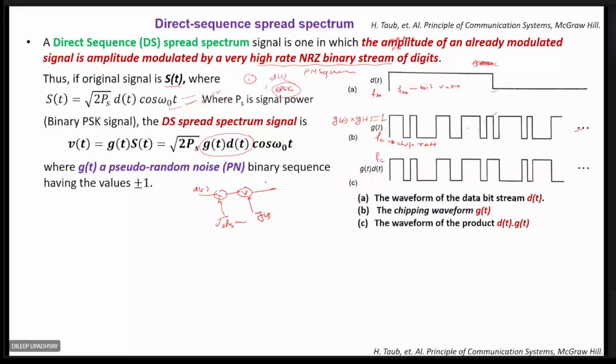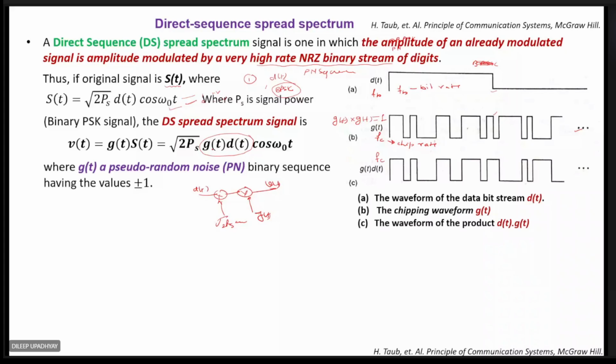So the generation is very easy. You can simply generate the BPSK and then multiply this BPSK signal with the PN sequence.